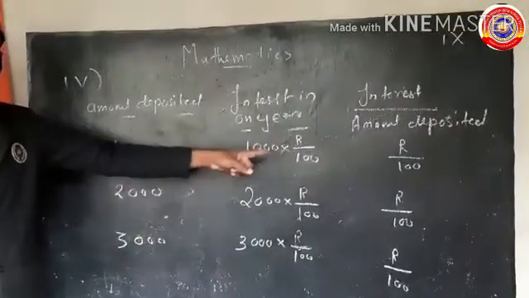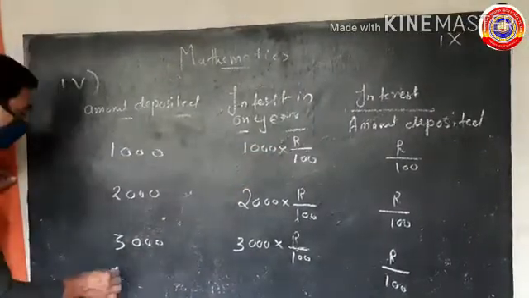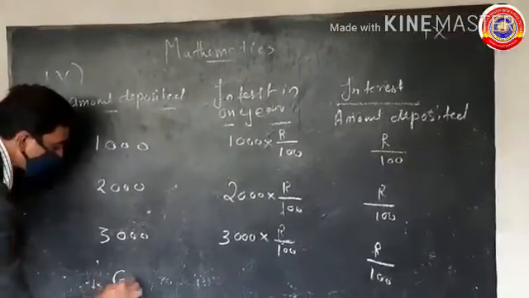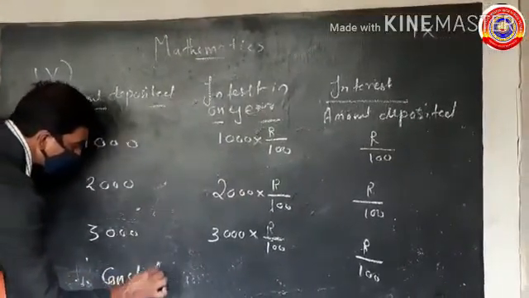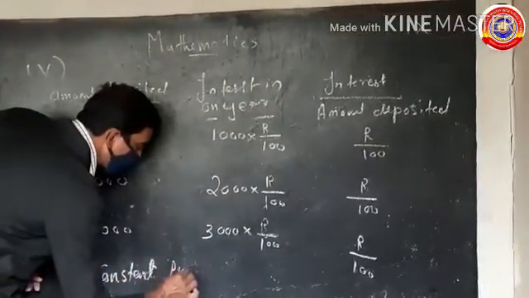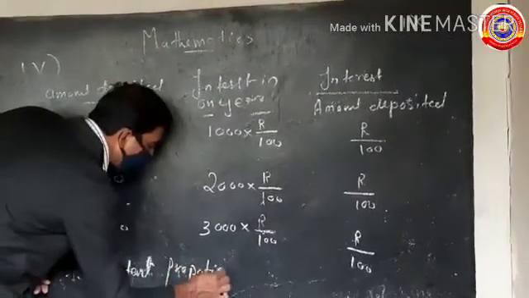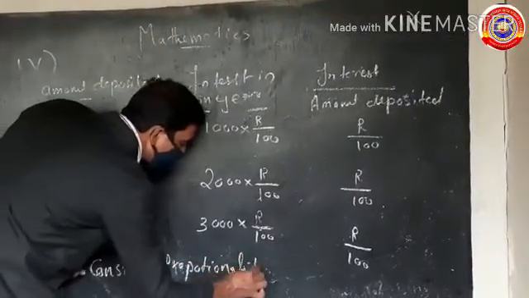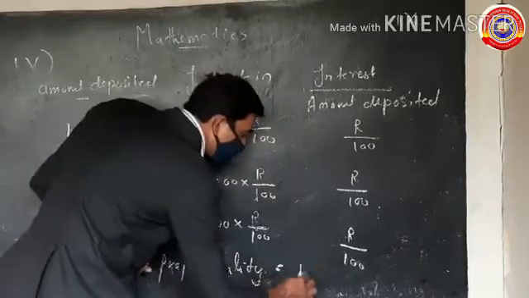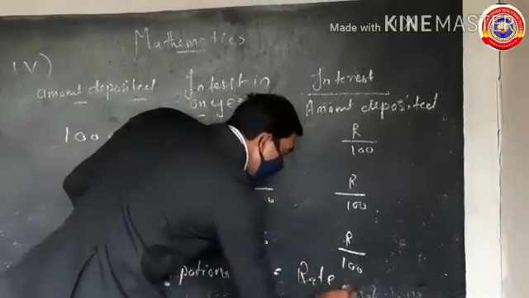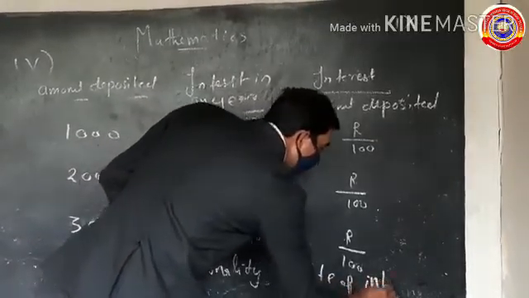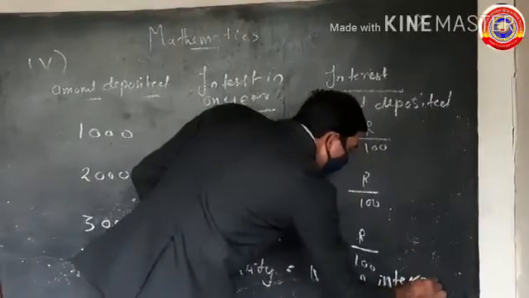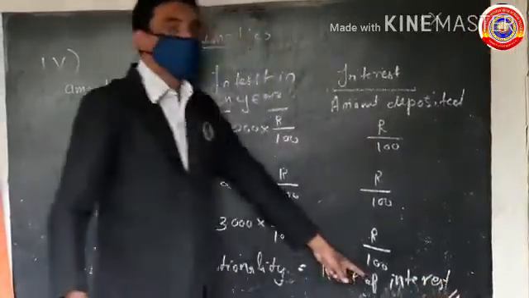So, interest got in a year is proportional to the amount deposited. Here, the constant of proportionality is the rate of interest.